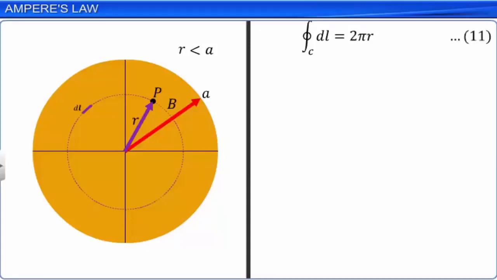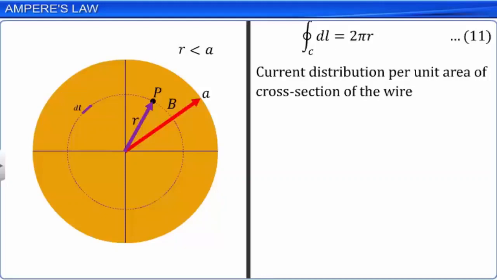The steady current passing through the conductor is I. Then the current distribution per unit area of cross-section of the conductor is equal to I by pi a square, where a is the radius of the conducting wire. Let this be equation 12. Then the total current enclosed by the Amperian loop, IE, is equal to I by pi a square into pi r square, where r is the radius of the Amperian loop.